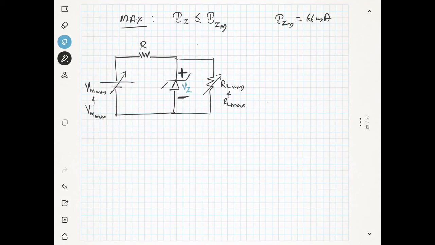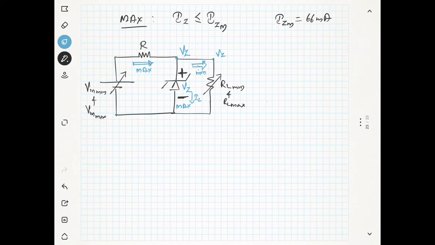The voltage at this point is Vz, and this also Vz, everywhere it is Vz. Now let us assume the current which is coming from the source is maximum. We have the current through the Zener diode as Iz, and we want to limit this maximum current, and this is also maximum. If maximum current is coming from the source and maximum is going through the Zener diode, that means the current going into the load should be minimum, right?